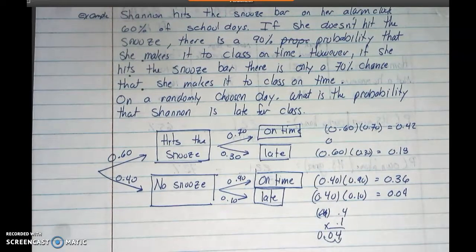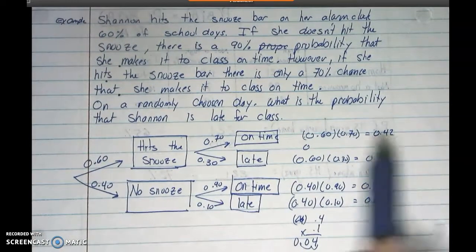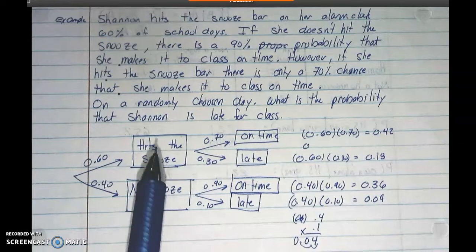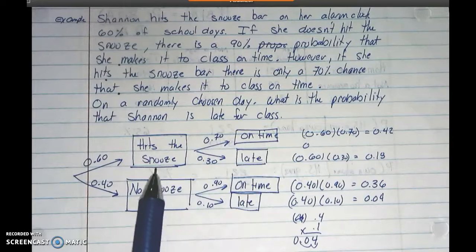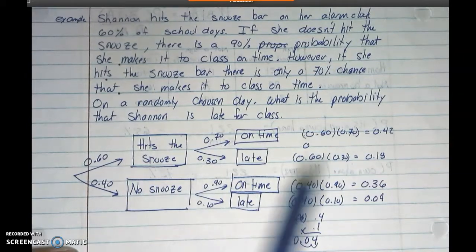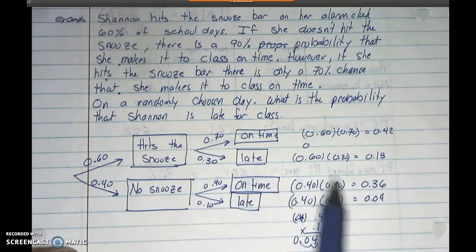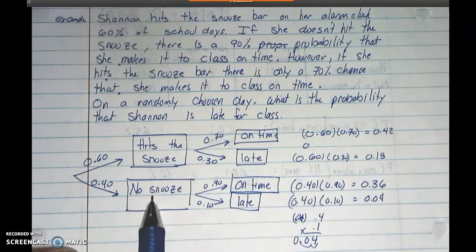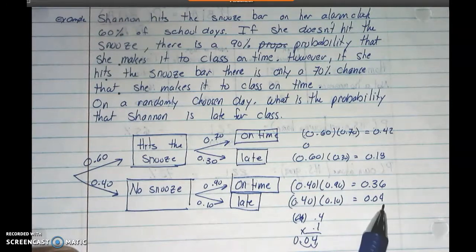Okay. So what does this 0.42 represent? Well, it represents she's hit the snooze and she's on time. And what does this 0.18 represent? Well, she's hit the snooze, but she's still late. And then the 0.36 is she's not hit the snooze and she's on time. And then no snooze and late happens only about 4% of the time.